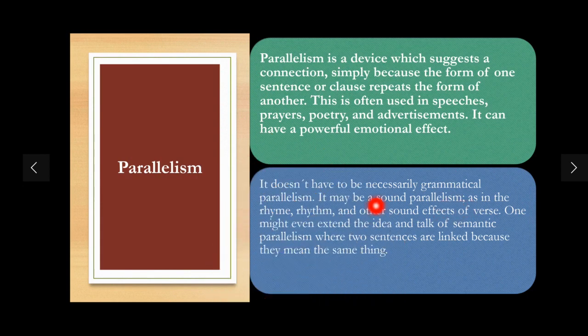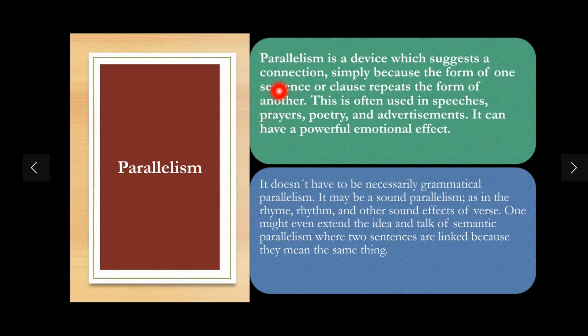Another cohesive device is known as parallelism. By parallelism, we mean the use of the same or similar structure. For example, if you are using one kind of structure in a sentence, the same structure should be repeated in another sentence too. In this way, you are linking one sentence with another, or you are making a kind of relationship between sentences.